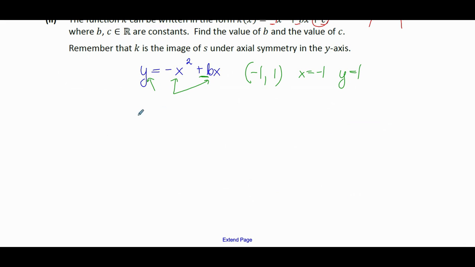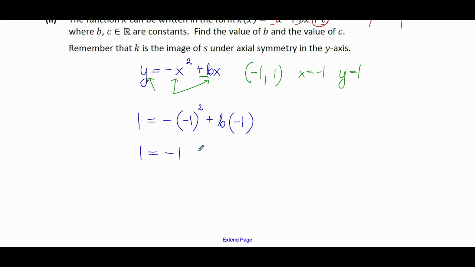So instead of y, I'm putting 1, minus, and instead of x, I'm putting -1 to the power of 2, plus b, and again instead of x, -1. Now, simple enough, but a lot of minuses. But we have a calculator. If I put minus and in the bracket -1 to the power of 2, make sure you put that -1 in brackets, otherwise you're going to get the wrong value.